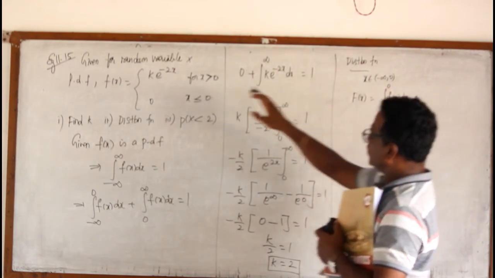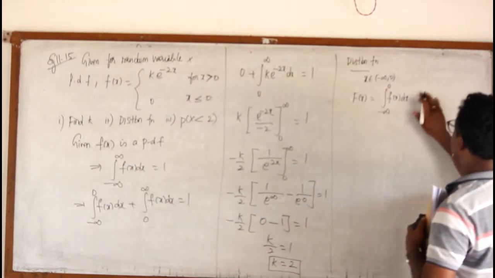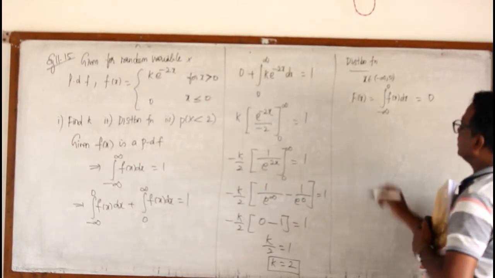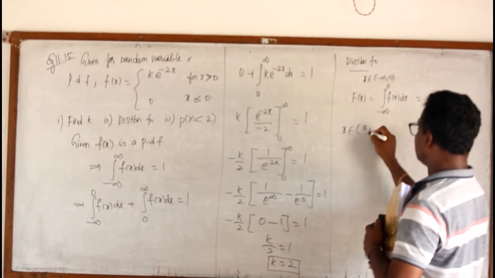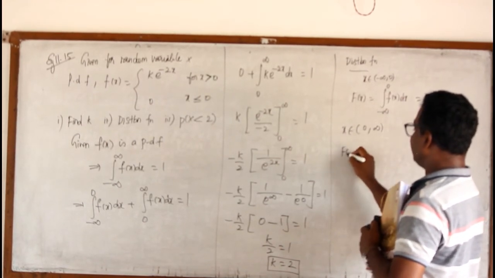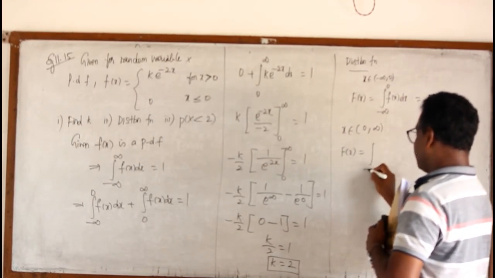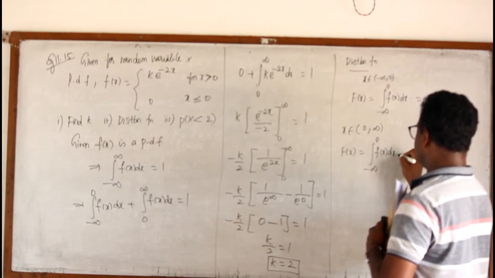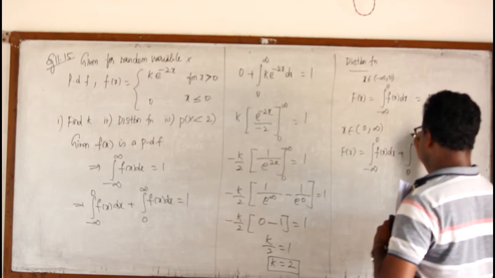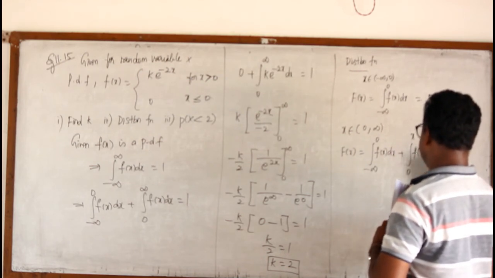But the function exists only after 0, so it is 0. Now the second interval, 0 to infinity. Here capital F of x is the integral from minus infinity to 0 of f of x dx, plus the integral from 0 to x of f of t dt.